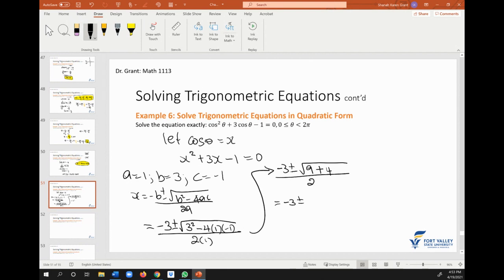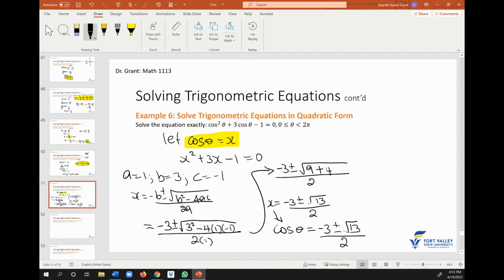So this is -3 plus or minus square root of 13 divided by 2. So what does this mean? Recall that x is cosine theta, so this means that cosine of theta is equal to -3 plus or minus square root of 13 over 2, because remember, we let x be cosine theta.